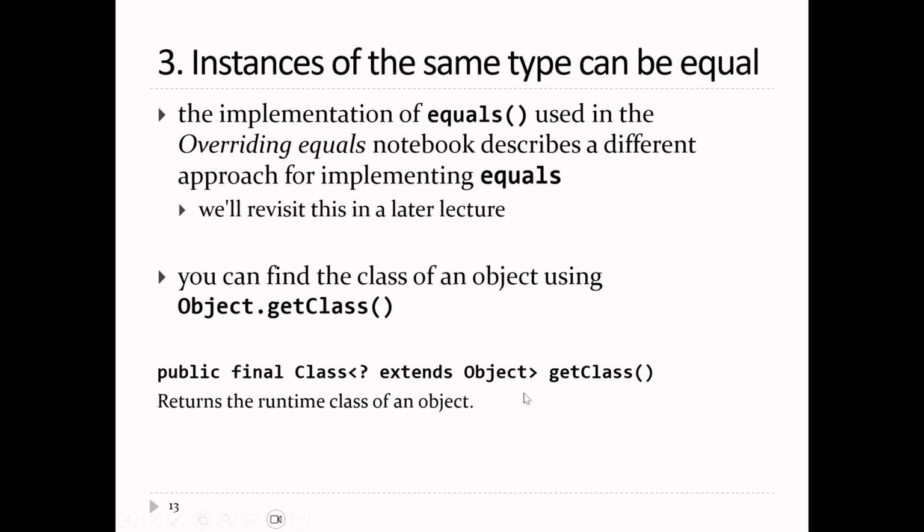And so this method says it returns the runtime class of an object. The way that the language works is that every time you use a class, so we use, say, the Point2 class in our program, the Point2 class gets loaded into memory, and a new object gets created.